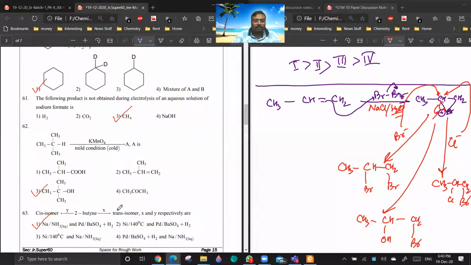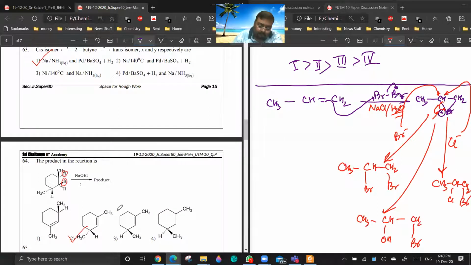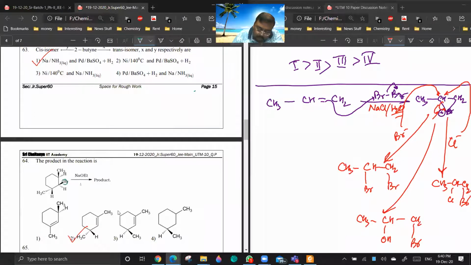Can you show 64? See, this is the bromine, right? Now this bromine is up, so it requires a beta hydrogen which is anti, which is down. What are the beta hydrogens?